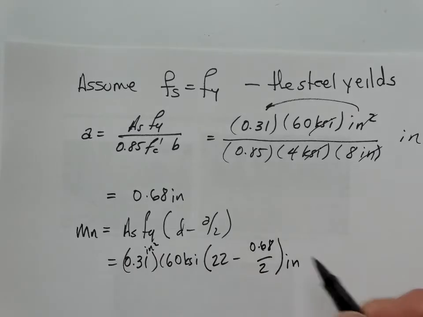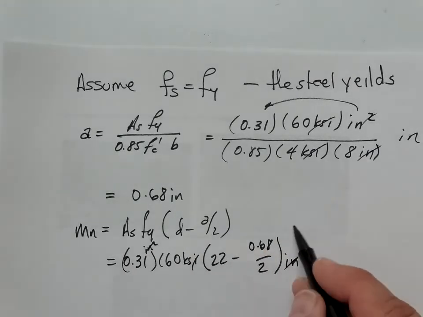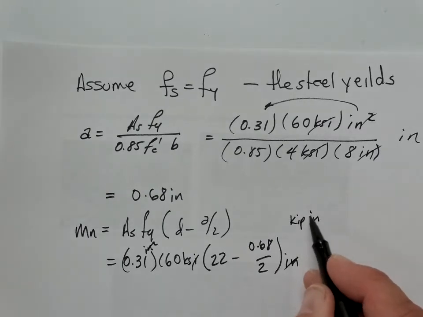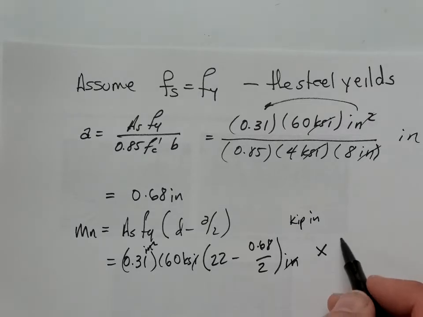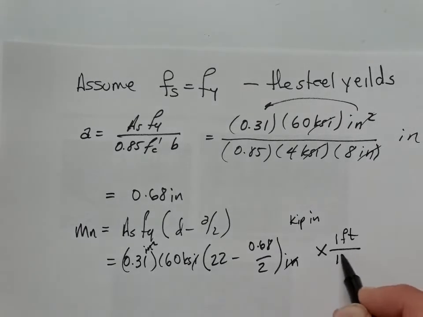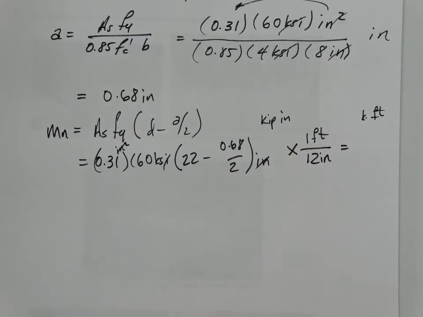So I've got inches cubed on the top, inches squared on the bottom. I'm going to get a result in kip inches, which I don't like. I like kip feet. So I'm going to multiply that by 1 foot divided by 12 inches. And this will give me a result in kip feet. The only reason I like kip feet is when I do my structural analysis, the results of the beam are going to come out in kip feet. So let's run that one through.